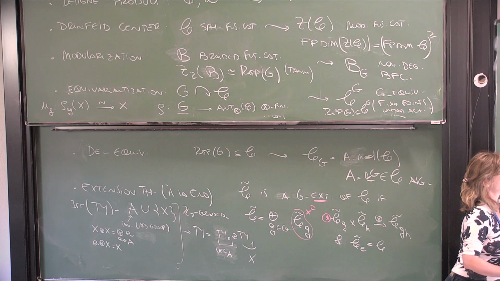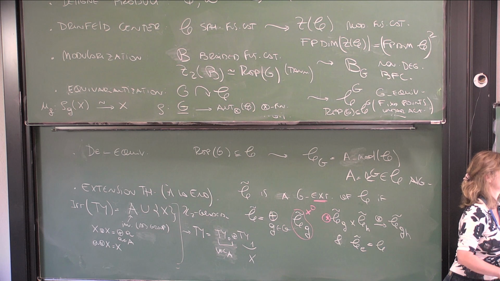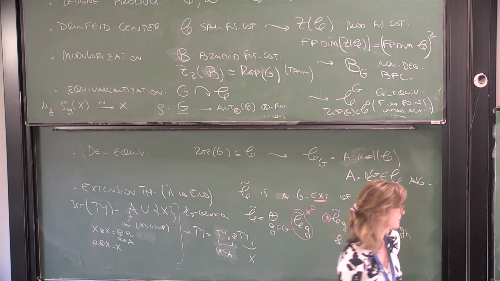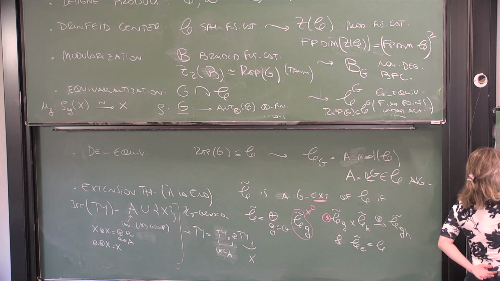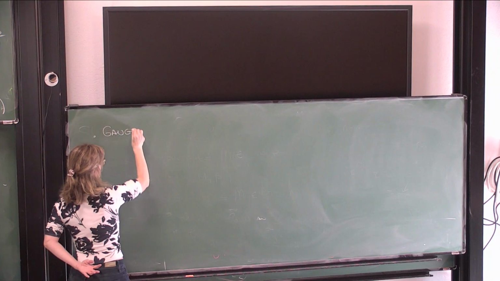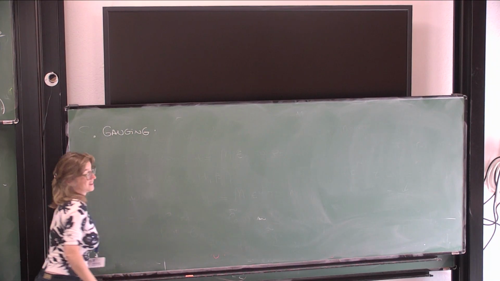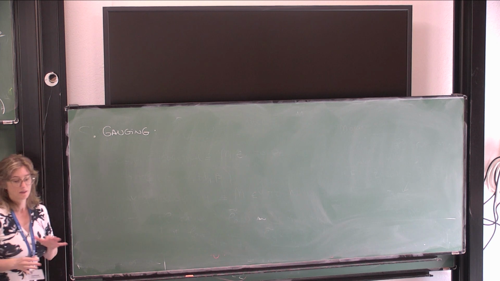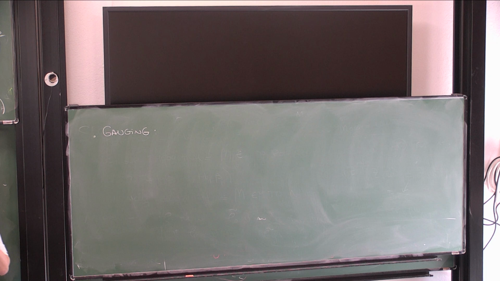So I wanted to mention two things that follow up this theory. For modular categories, there is something called gauging that is related to extension theory. This gauging was defined more in the physics literature by Barkeshli, Bonderson, Cheng, and Wang.